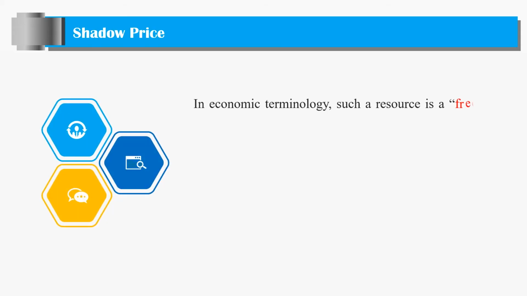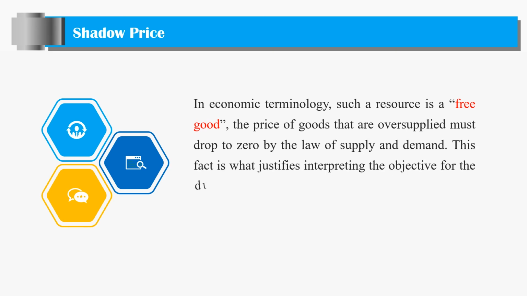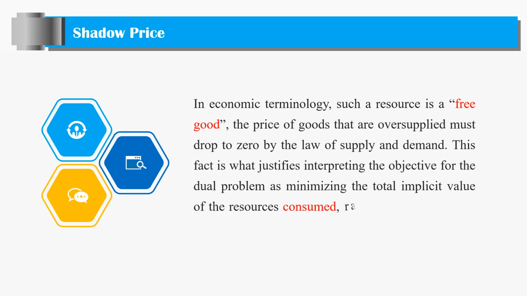In economic terminology, such a resource is a free good. The price of goods that are oversupplied must drop to 0 by the law of supply and demand. This fact is what justifies interpreting the objective for the dual problem as minimizing the total implicit value of the resources consumed, rather than the resources allocated.